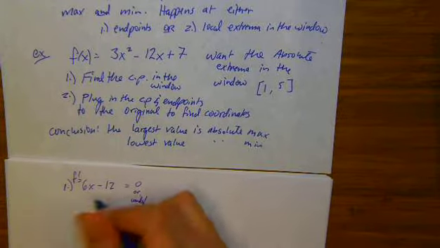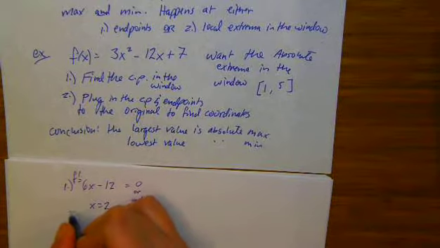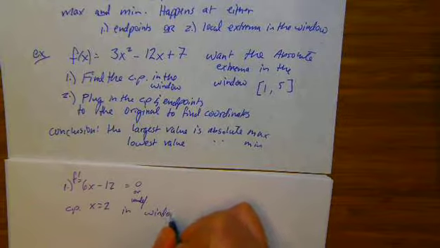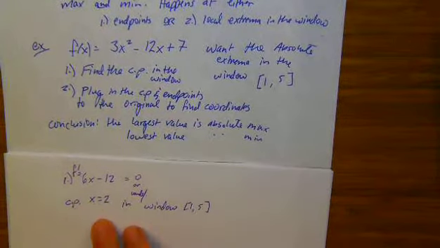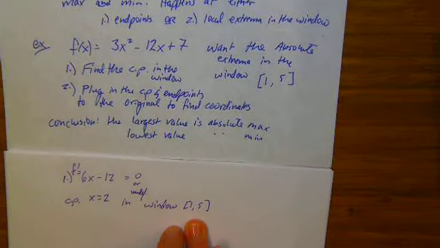Alright, and so what will you get as a critical point here? Okay, x equals 2 is our critical point that's in our window, which is going from 1 to 5. If I got another critical point that happened at 0, it's a critical point, but does that matter for us in terms of the window we're looking at? Anything outside of the window we can just ignore.